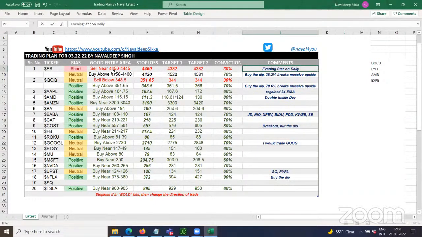If you sell near 44.50, 44.45, stop loss is 44.60. Now, one more target which is there, 44.15. If it breaks, it has possibility. I'm still giving it 40% because I want 44.15 to break, and I expect 43.82 to hold as of now.